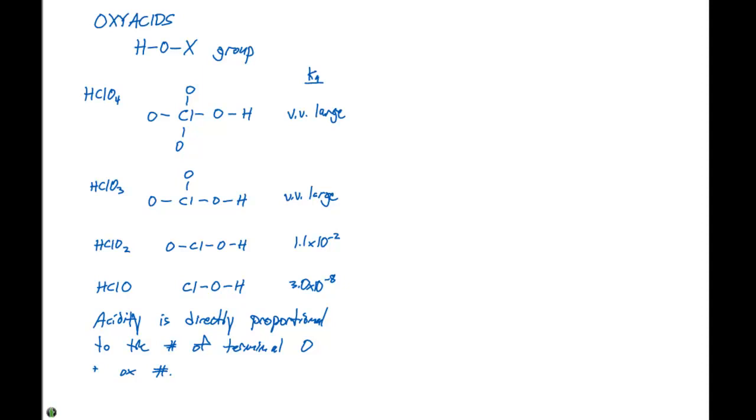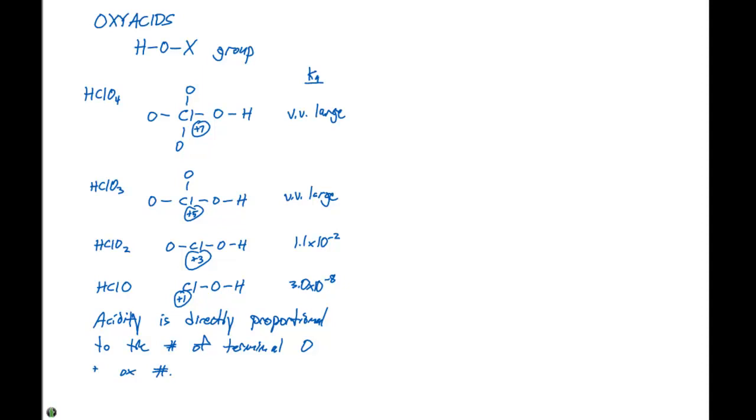If we look at the oxidation number of each of these chlorines, we have plus 7 for HClO4, plus 5 for HClO3, plus 3 for HClO2, and plus 1 for HClO.